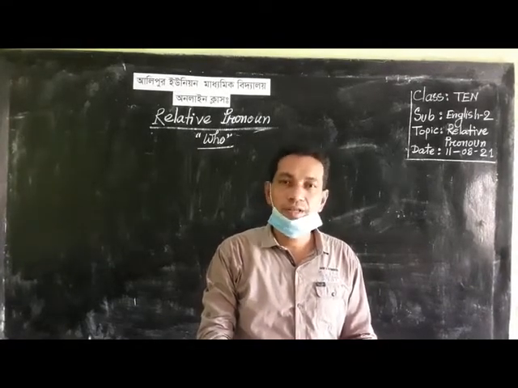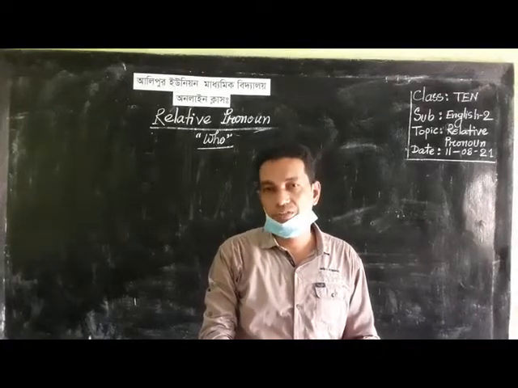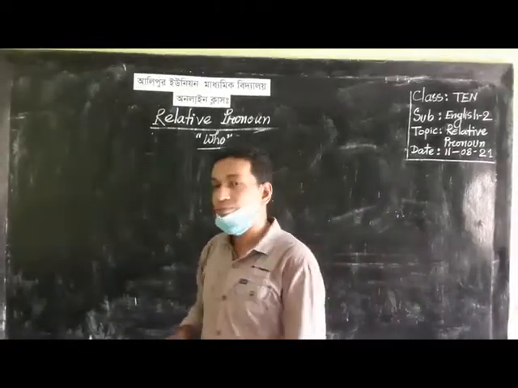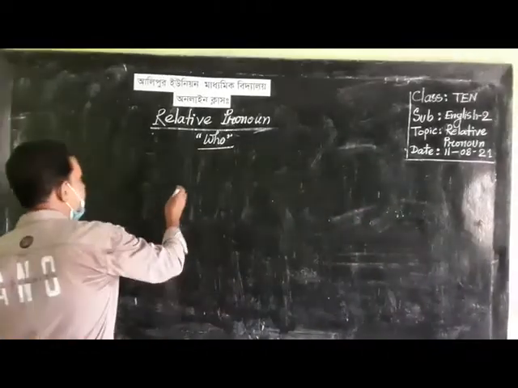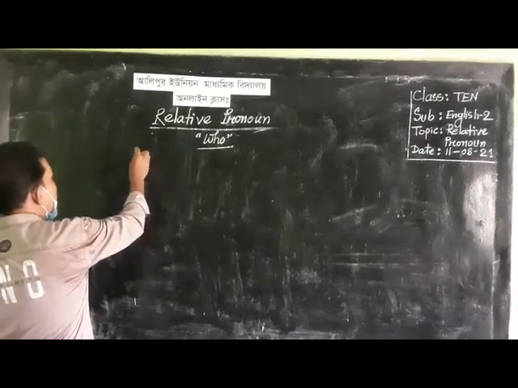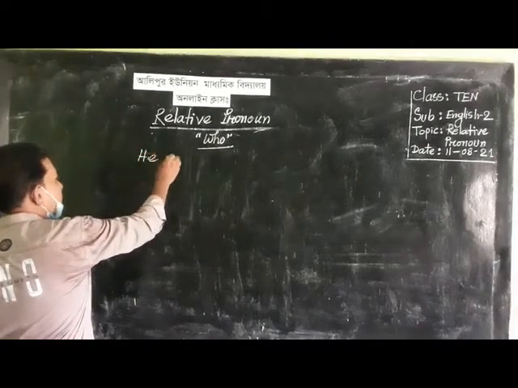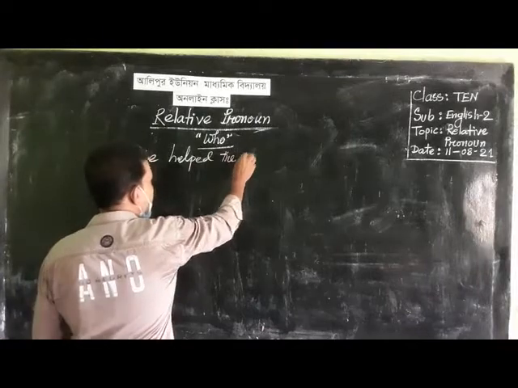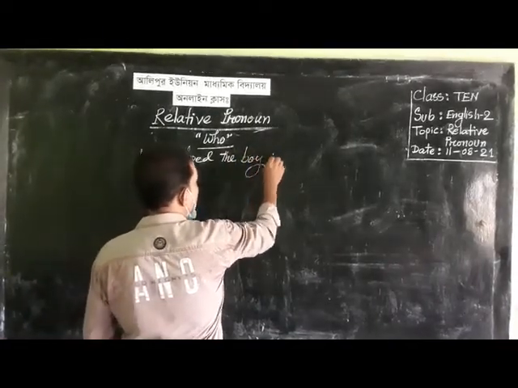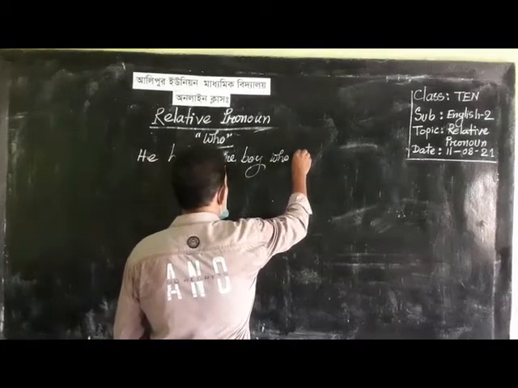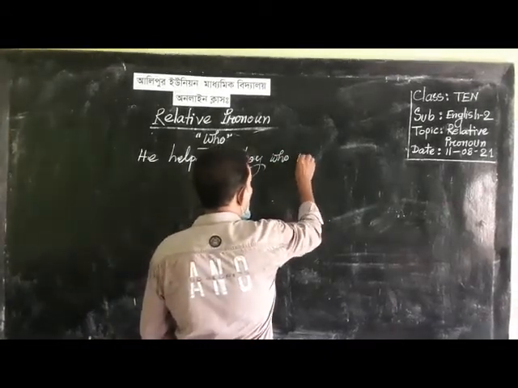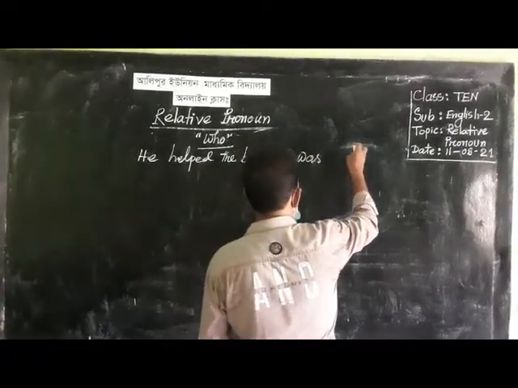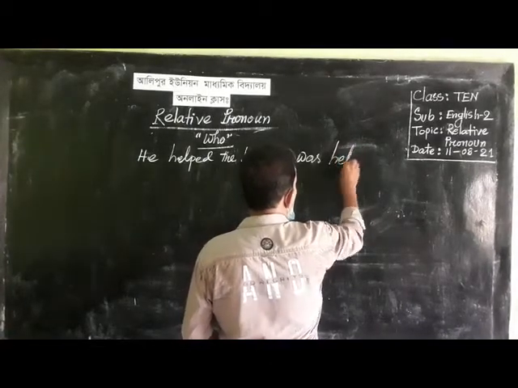A person may be a man, a woman, people, etc. Such as, I am going to give an example using relative pronoun who. He helped the boy who was helpless.